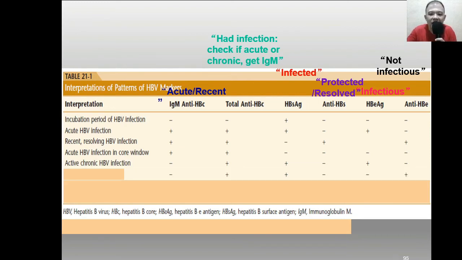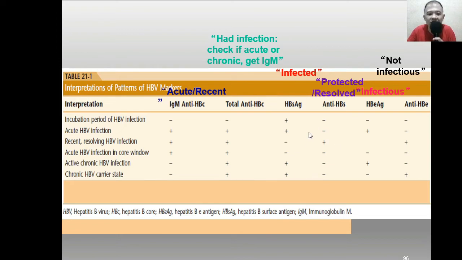Next, HBS positive. Then this is chronic because negative for IgM. But the patient is already positive for anti-HBE. So therefore, the patient is not anymore infectious. Okay, so this is a chronic carrier state.